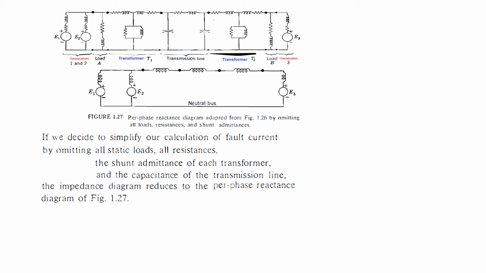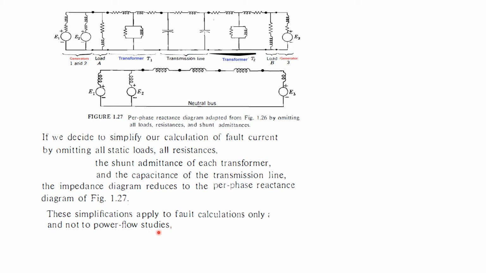So now you can see for simplification of calculation, we have omitted all the resistors, we have omitted the load, we have omitted the shunt of the transformer, we have omitted the shunt capacitances of the transmission line. And so this is the simplified diagram that we get.